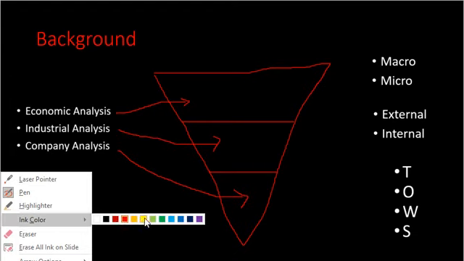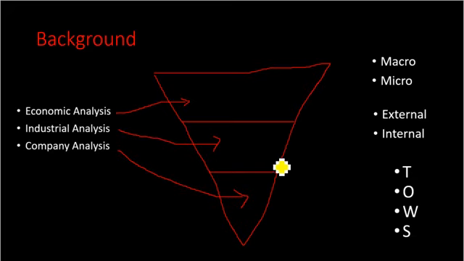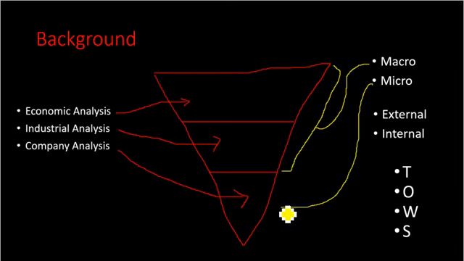There you go. Now, what about macro and micro analysis? Let's use a different color to make this more interesting. Macro analysis normally involves analyzing the economy and the industry where it belongs, while micro analysis involves analyzing the company's performance.